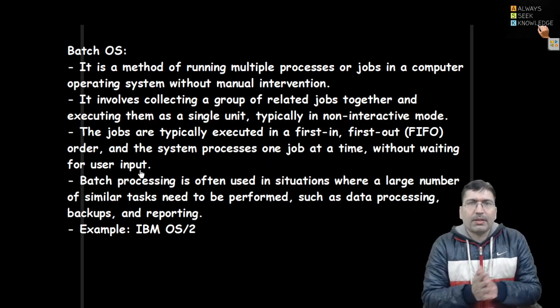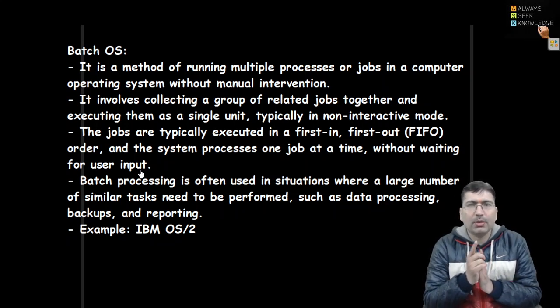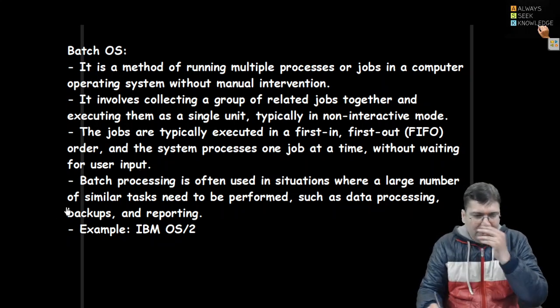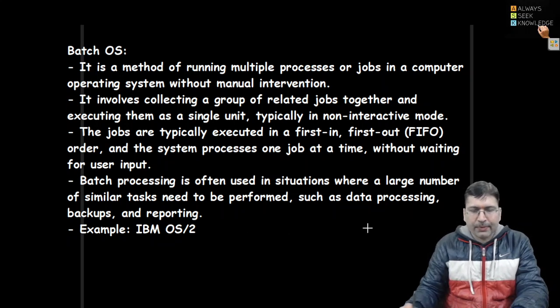The very first operating system, the batch operating system, we also consider as a uni-process operating system. Uni-process means only one process at a time can be initiated, or you can say inside the memory there can be only one process loaded at a time.